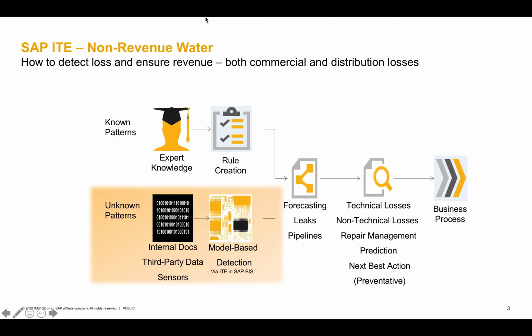We have out-of-the-box component-level leakage models for each type of pipeline, including ductile iron, traditional cast iron, steel-based, reinforced concrete, and the type K copper piping that often enables many local network connections.